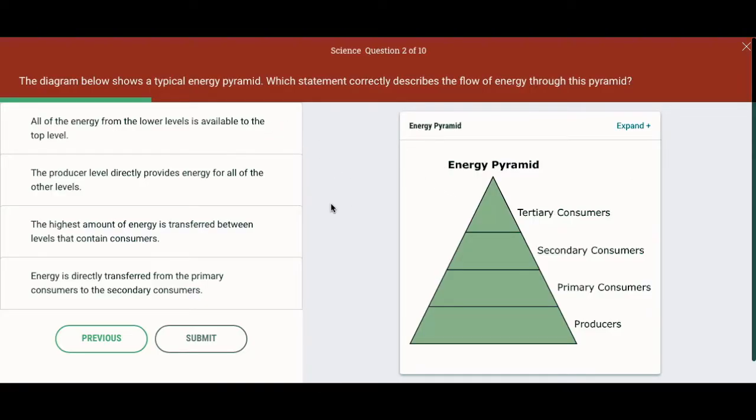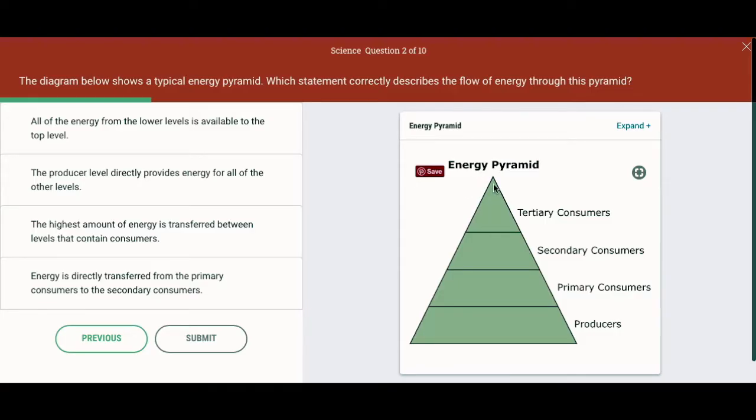So the energy pyramid, well, let's reason our way through this. So we see that there are different levels here. The producers, primary consumers, secondary, and tertiary. So what you're supposed to see here is that there's different energy levels at the different levels on the pyramid. So look at the green area on the producer level compared to the green area on the tertiary consumers, right?